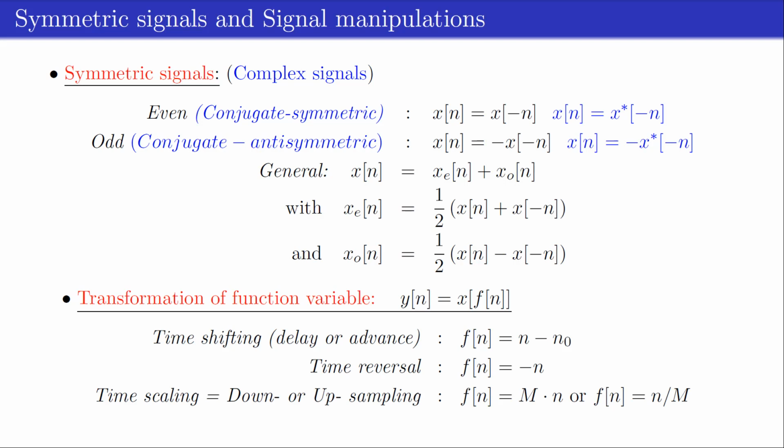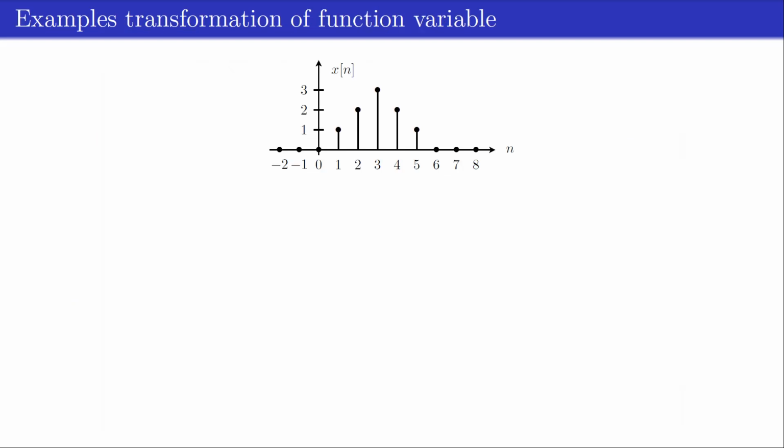reversal, and time scaling. Determining the effect of modifying the index n may always be accomplished using a simple tabular approach of listing, for each value of index n, the value of f[n], and then setting y[n] equal to x as a function of f[n].